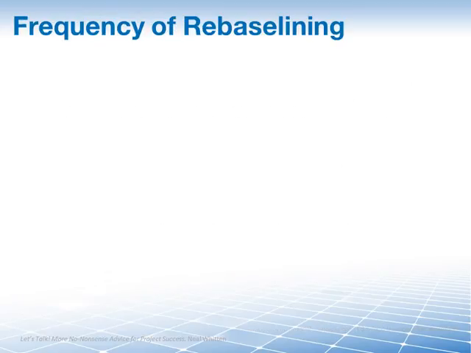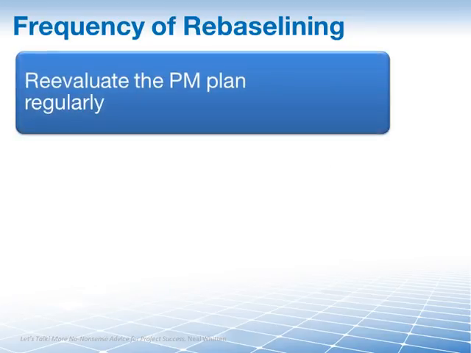And the final book we want to open up in regards to rebaselining is Neil Witten's Let's Talk: More No-Nonsense Advice for Project Success. It suggests the following about the frequency of rebaselining a project plan. A project plan should be re-evaluated once every month or two.